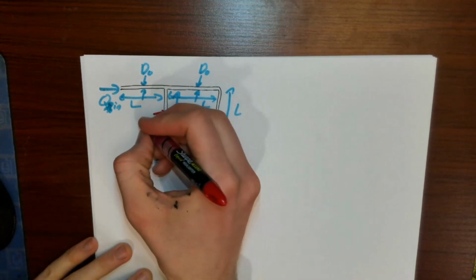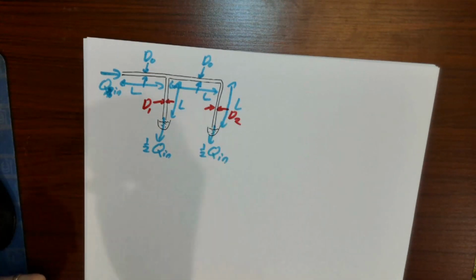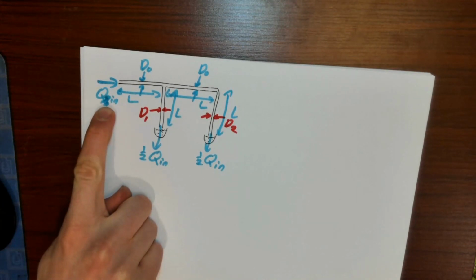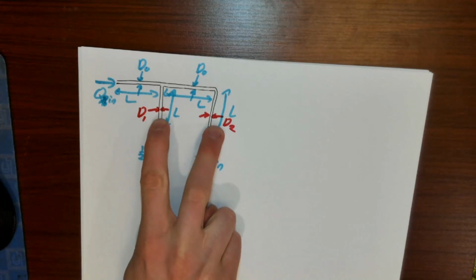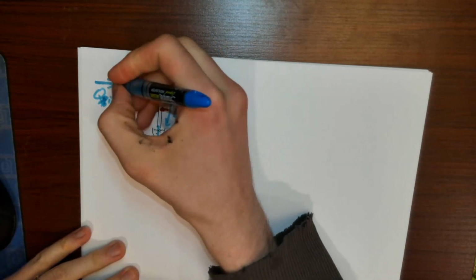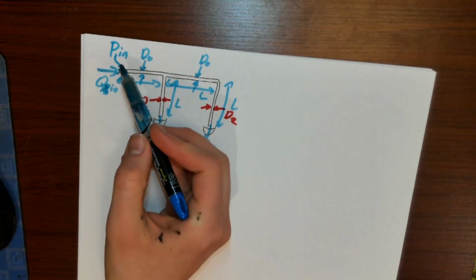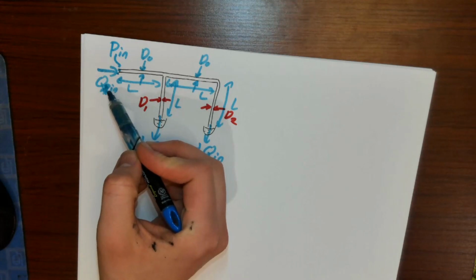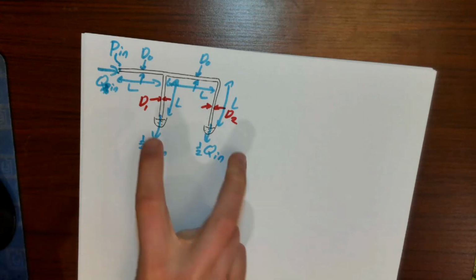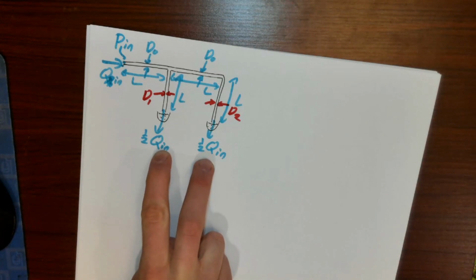I'll call D1 right here and D2 right here, and it's up to us to say, hey, for this particular volumetric flow rate and this particular prescribed inlet pressure, P in, if I have some prescribed inlet pressure, some prescribed volumetric flow rate in, and the rest of the geometry of this system well defined, can I find two diameters that perfectly balance the flow to these two chambers here?